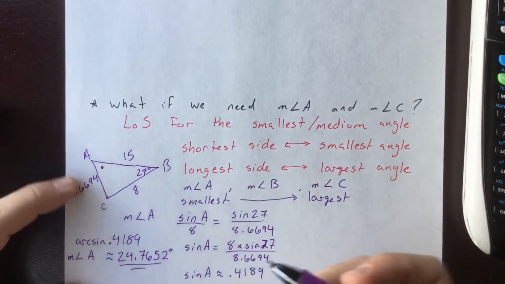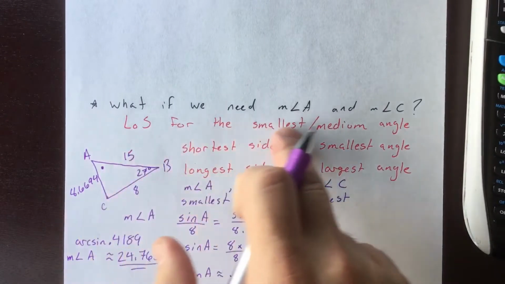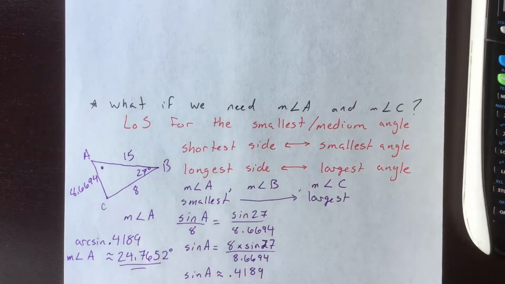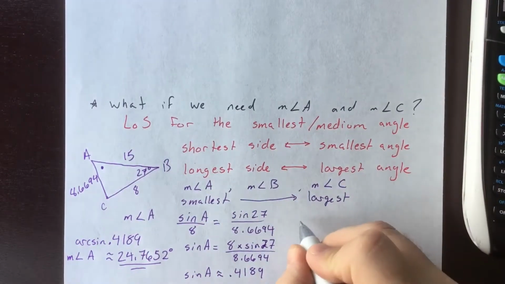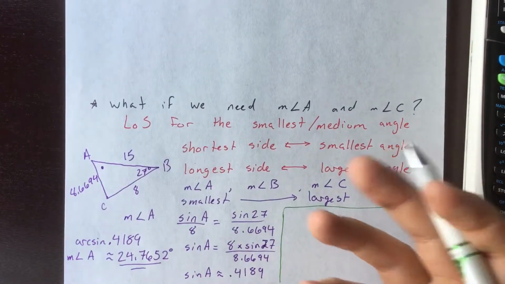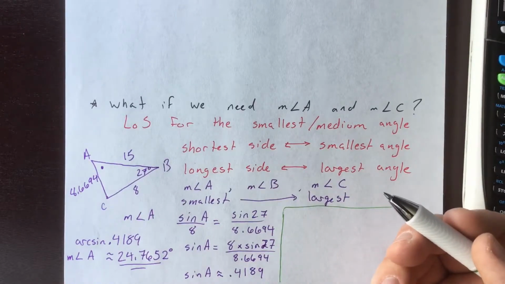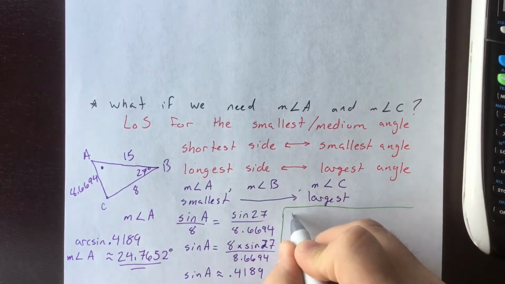So now we need the measure of angle C. We've used law of sines to find the smallest angle. Next, the last thing we do, box this off. Now that we have two angle measures, what can we do to find the third? Well, we take it away from 180.